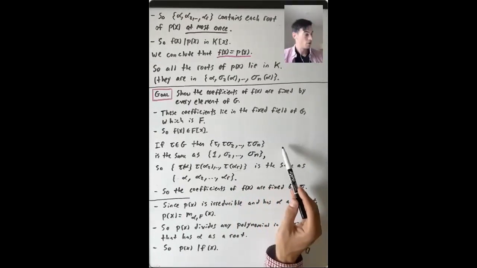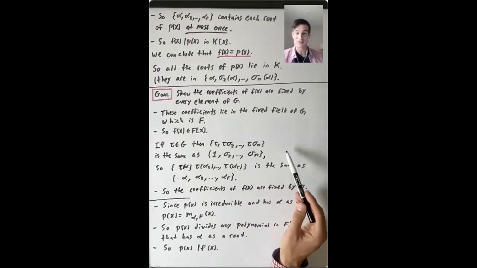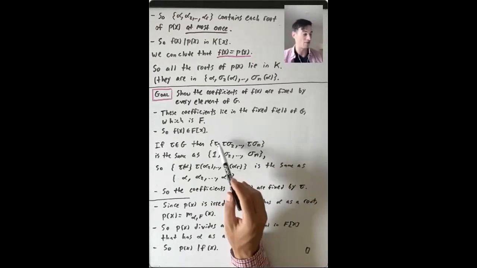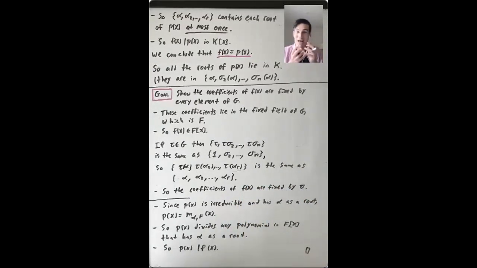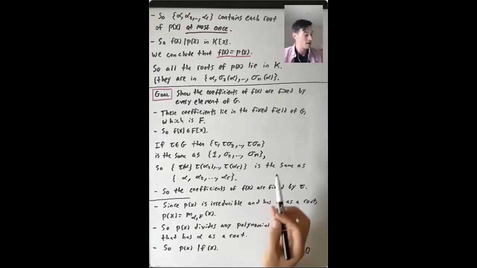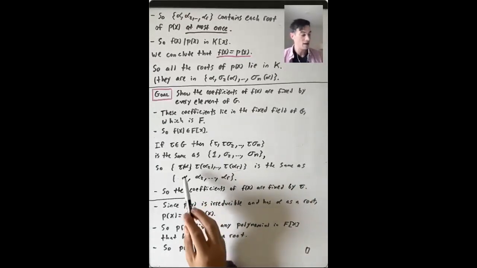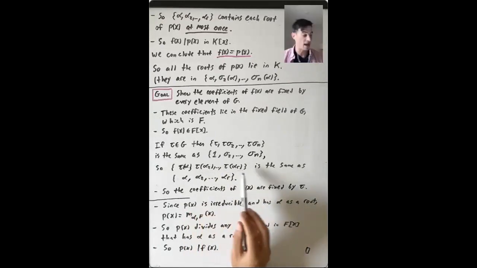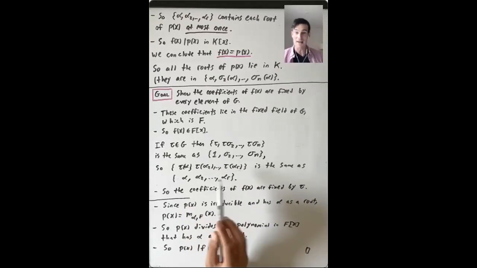And okay, if you have the same collection of distinct elements, you can't have a repeated element and then have tau send that same element to two different places. So it must be the case that if you take this set alpha, alpha 2 up through alpha r, and you apply tau to each one of those elements, you get the same set, just permuted.